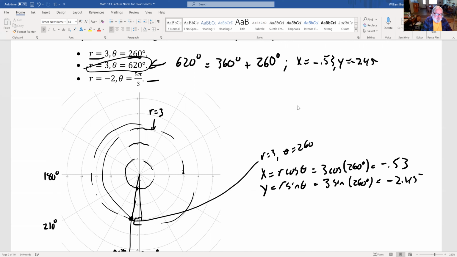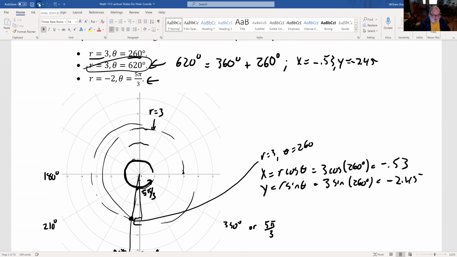What about r equals minus 2, theta equals 5 pi over 3? Well, 5 pi over 3 is this angle, which is 330 degrees. Oops, actually that's 11 pi over 6. Sorry about that.